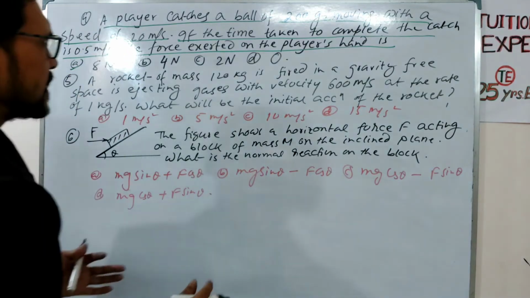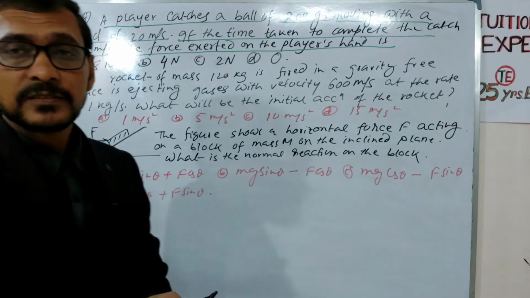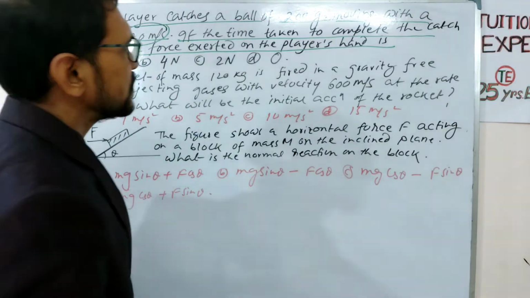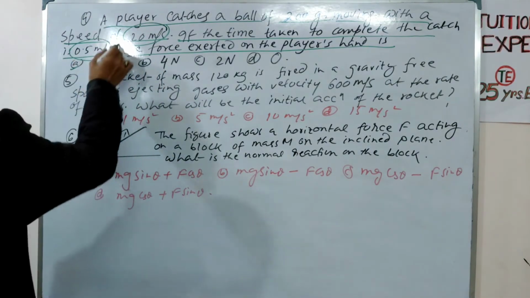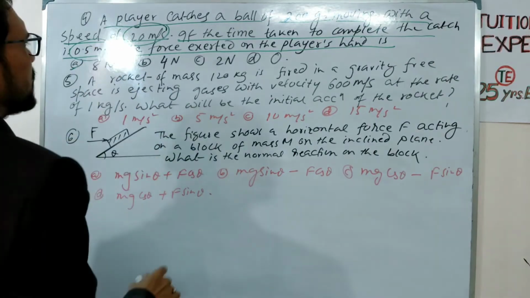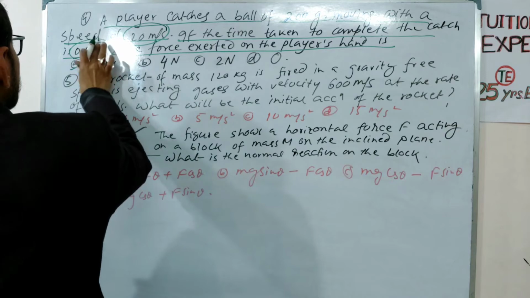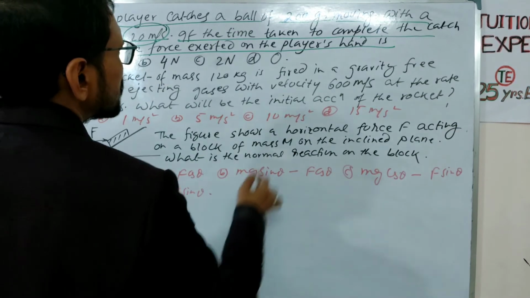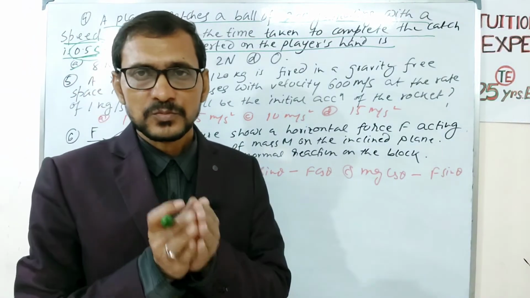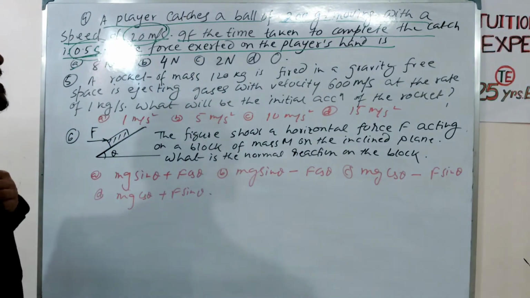That is, a player catches a ball of 200 gram moving with a speed of 20 meter per second within the time 0.5 second. What is the force exerted on the player?